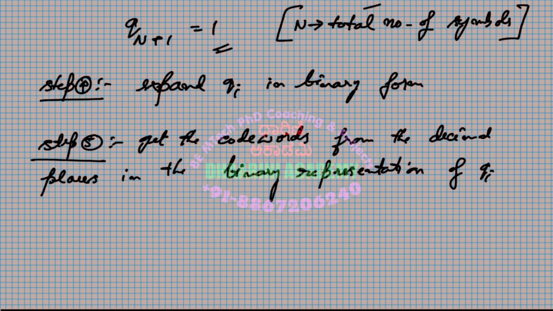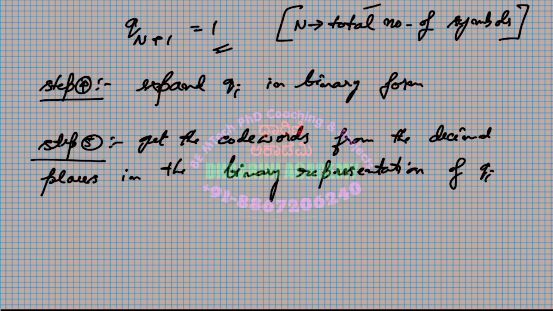For a symbol Si, you can obtain the representation from Qi. You don't take the Qi completely, only the decimal places are sufficient. So that's how we calculate.